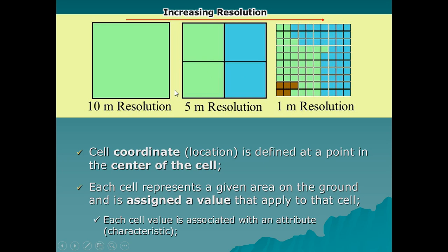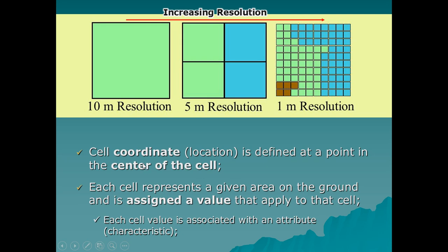Each of these 4 blocks in this space is actually 5 square meters. Now when you break it down further, each of these blocks here represent 1 square meter. You now have 3 colors represented, which means you can actually identify 3 features. Okay, and what you're looking at here, follow the red line, we have resolution increasing in this direction.